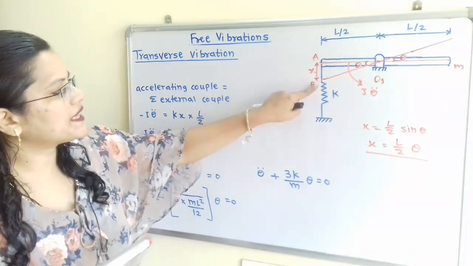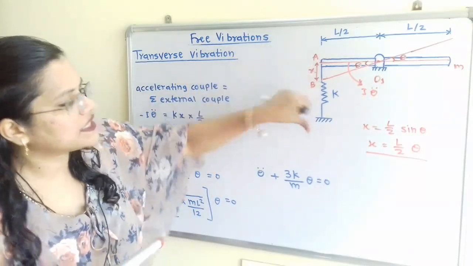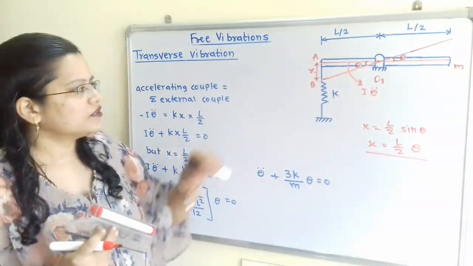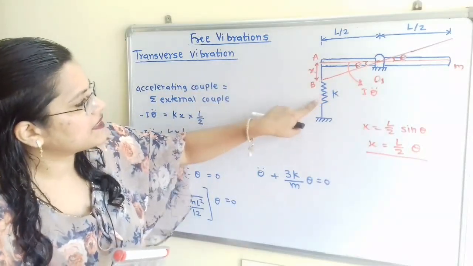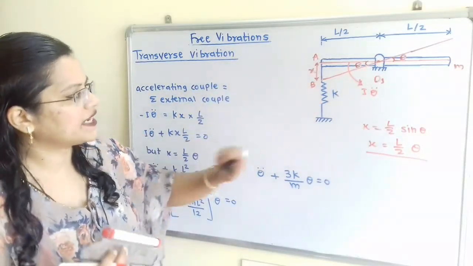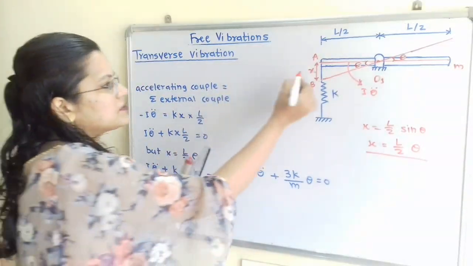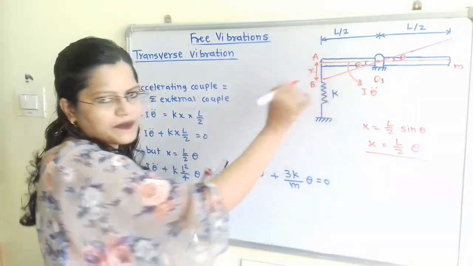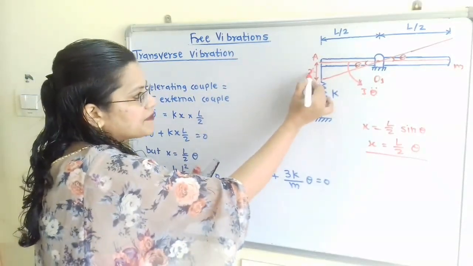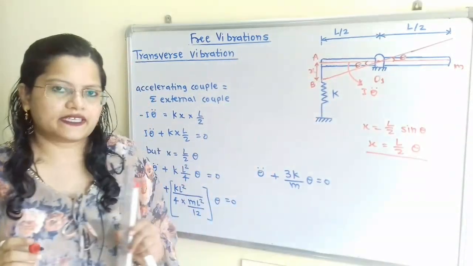Now here the spring is getting compressed in the downward direction. Because the spring with stiffness K is connected to this end, the spring will be compressed through a distance x, the linear displacement. So the spring is getting compressed by x.